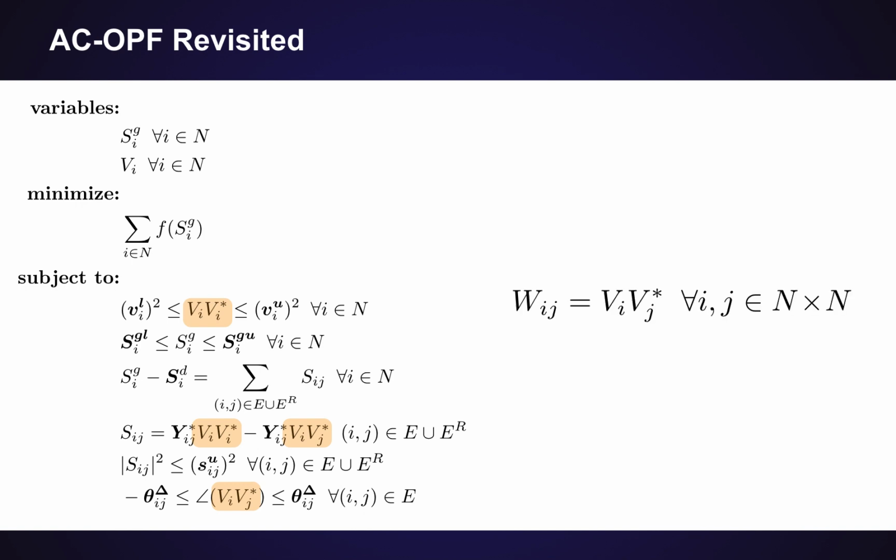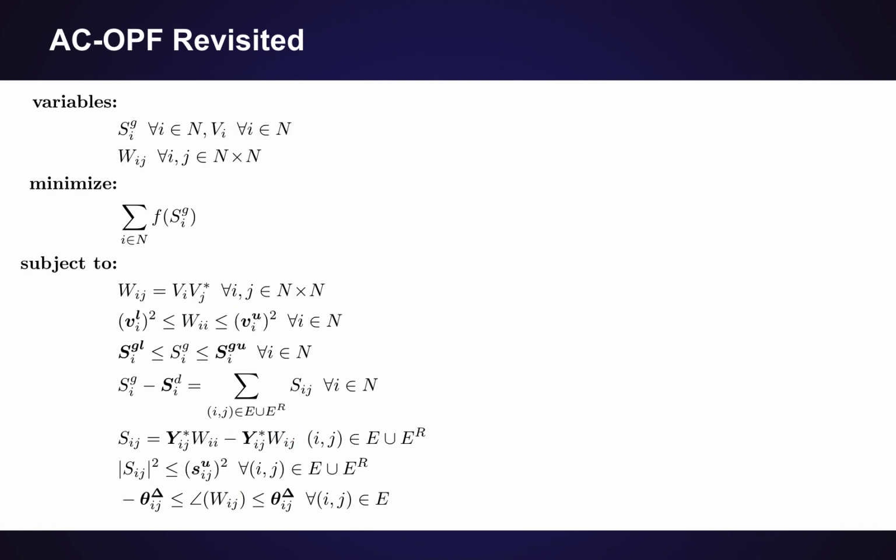So what we can do is introduce a new variable, Wij, into this problem, where Wij is equal to the product between the voltage Vi and the complex conjugate of the voltage Vj. If we introduce this into the problem, it looks like this. Now we have replaced all the voltage products by the W variables, and we have put in this equality constraint: Wij equals Vi times the complex conjugate of Vj.